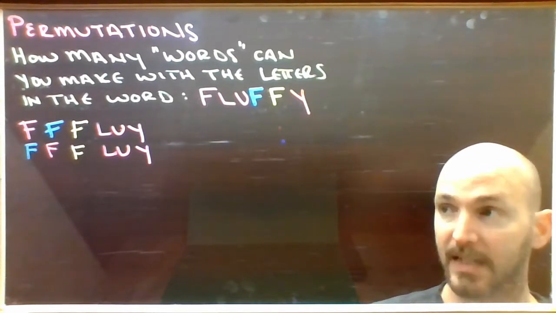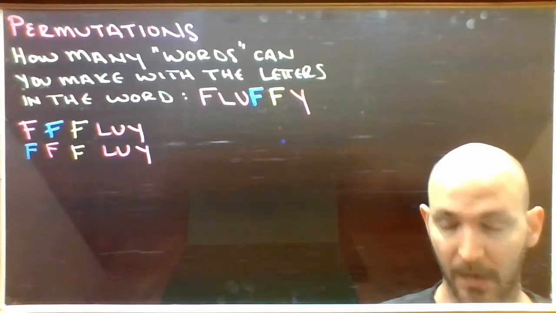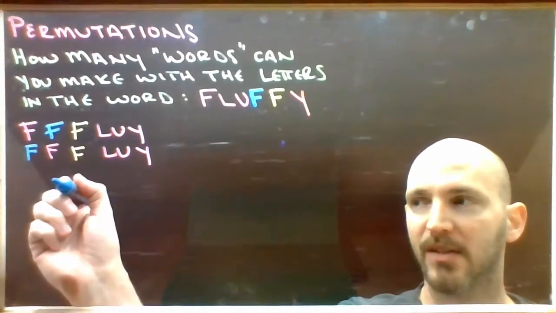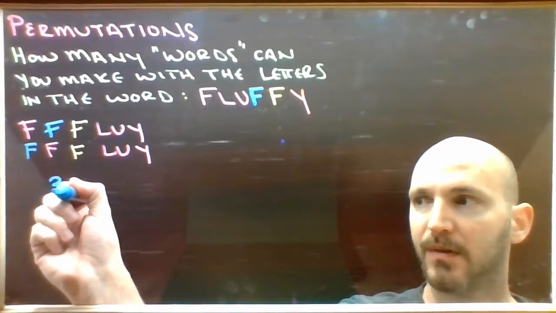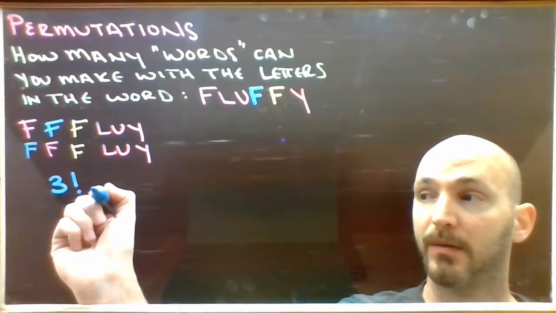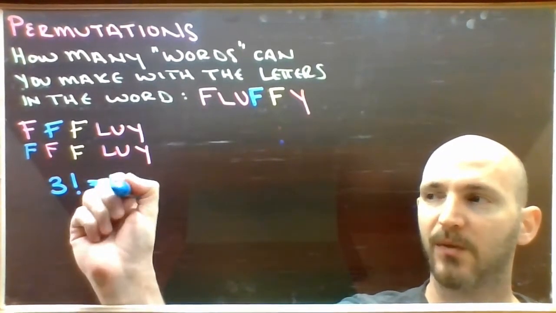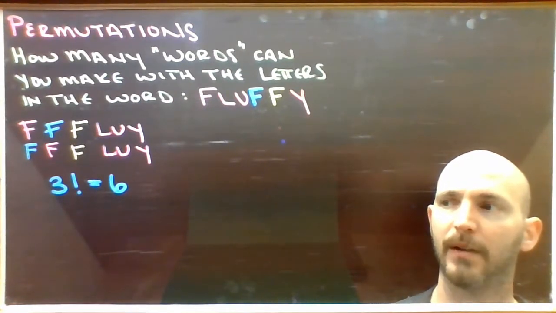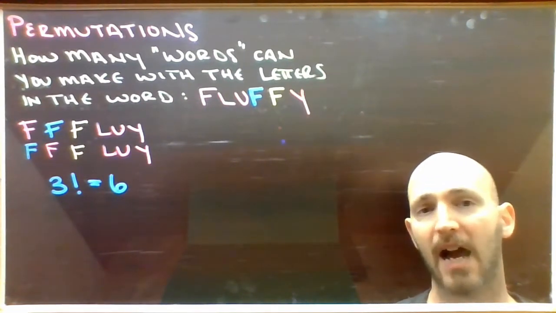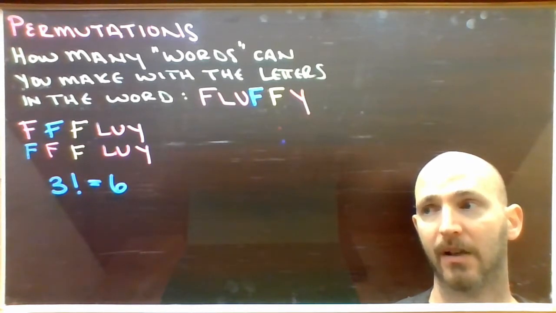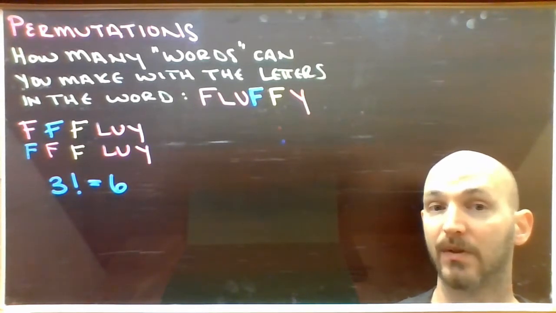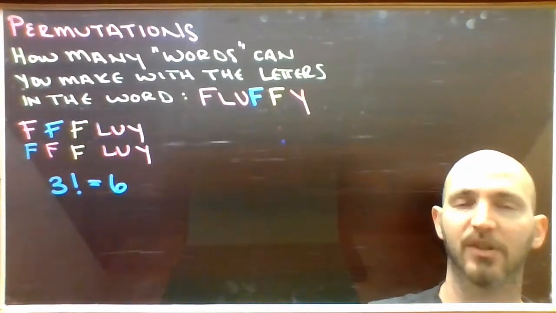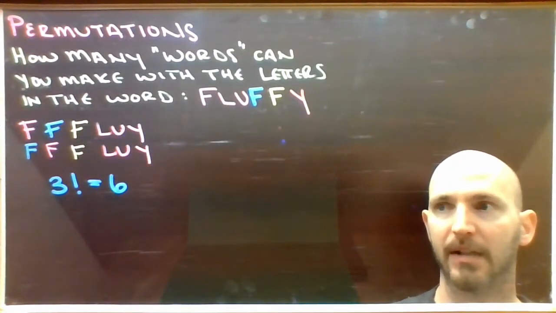And if I were to take my F's and figure out my 3 different orders I could put them in, well, that's just 3 F's factorial. So there are 6 different ways that those F's could appear inside of my word. So if I have repeated letters, I need to divide out this many combinations. I have to divide out the shufflings of my repeated letters.